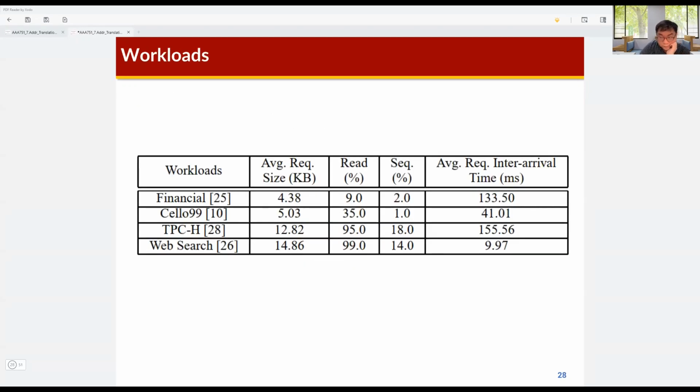Also, the authors select some workloads from financial, cello, TPC, and web search. If you see the characteristics of the workloads, you can find the percentage of reads here, and also the percentage of sequential requests. Then why are these metrics shown in the paper?